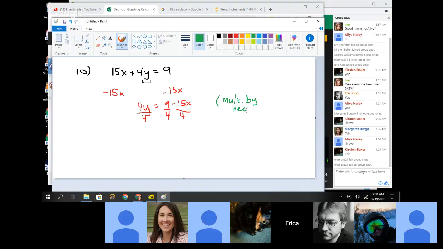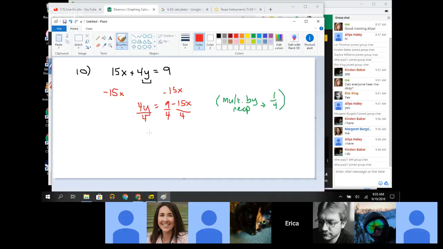The reciprocal of 4 is 1 over 4. So you end up with the same effect. If you're wondering why she is just dividing by 4, you can divide by 4 because that's the opposite of multiplying. You can also multiply by the reciprocal. Those are both okay ways to do that. You end up at the same spot.